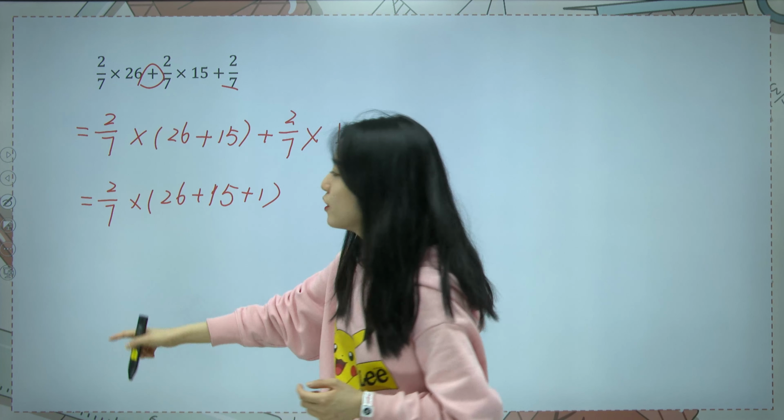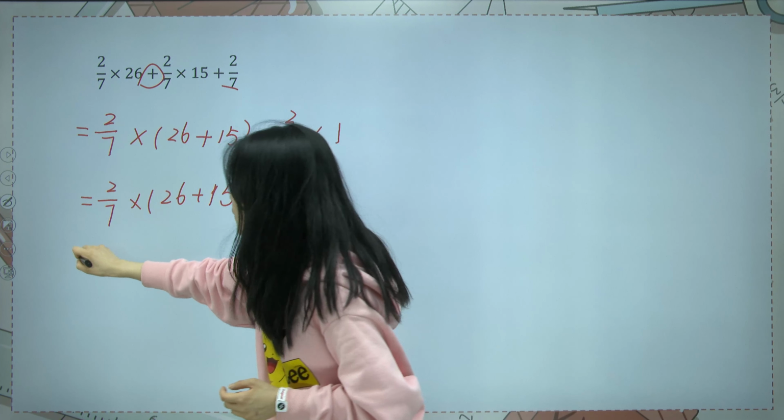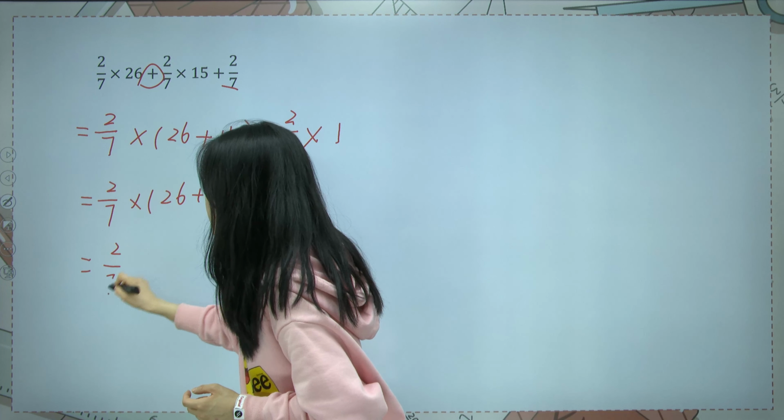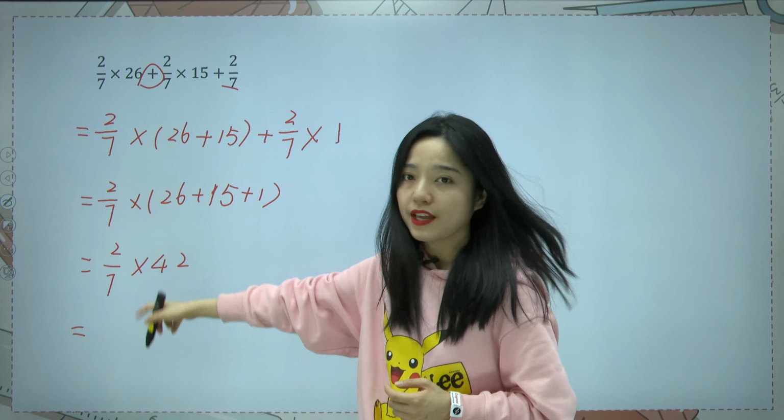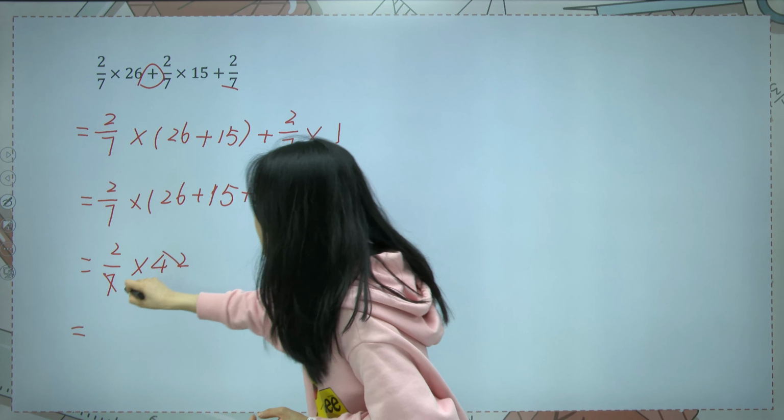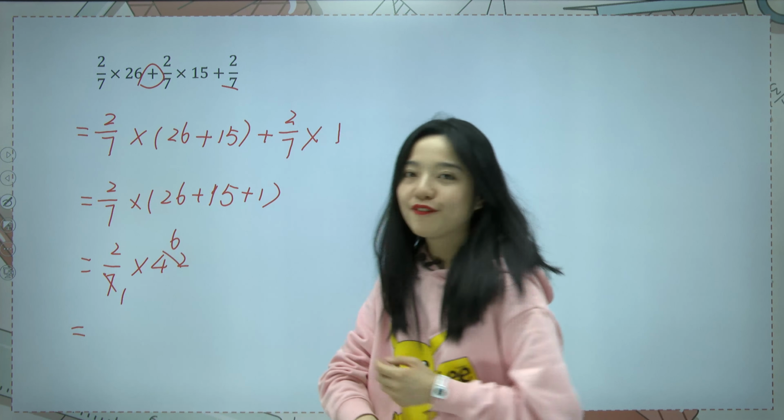And finally, we can do the brackets first now. So 2/7 times 42. Now we just need to cancel 7 out, and we will get 6 left over here. Finally, you just need to multiply 2 and 6, and we can get 12 as the answer. So you see, sometimes we remove brackets, sometimes we add brackets, but no matter in what way, we can make the calculation easier.